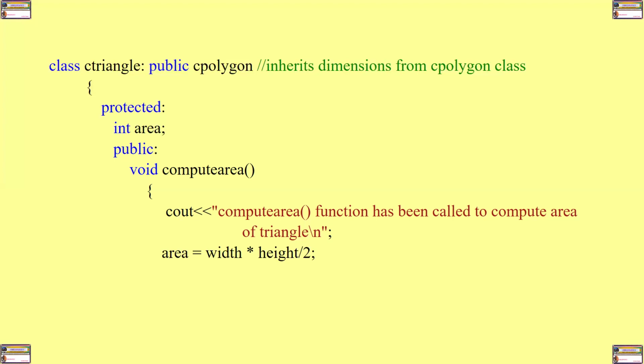So the compiler will read the value in the base class member called height, then divide by 2 and multiply by the value in the member called width. The result will be stored in the protected member of the class CTriangle by the name area. And that's what that method does under the CTriangle class.